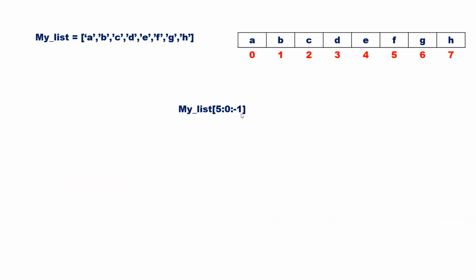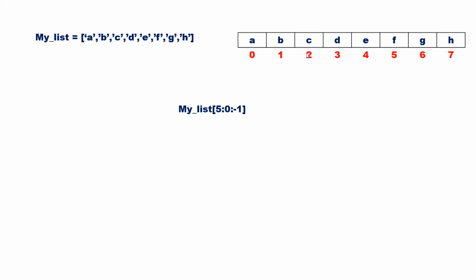We can also give a negative value as a step. Here, the index will be decremented by 1. The start value here is 5, so we start with position 5. F will be retrieved. Then the step value is -1, so we decrement the index by 1. So the next value is E. Next 4 minus 1, 3. The value at 3 will be retrieved.